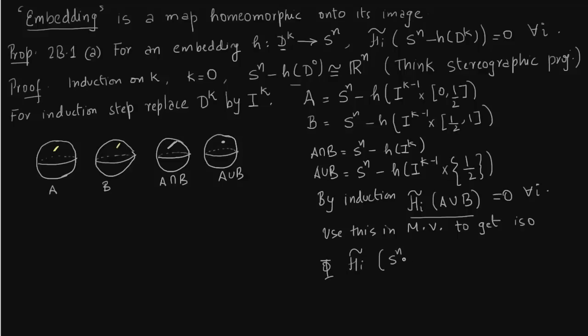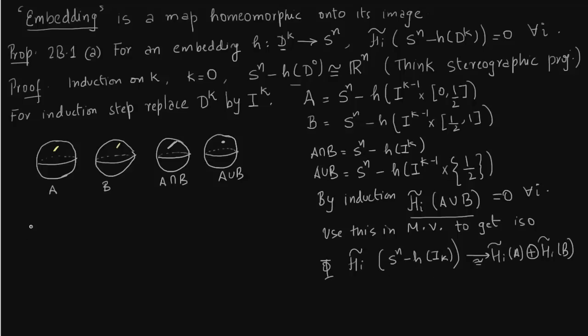The best time is now to stop here and check out the Mayer-Vietoris sequence and see that the isomorphism comes around like this. H̃_i of A intersection B is isomorphic to H̃_i of A plus H̃_i of B, because the sequence on the left side and the right side has H̃_i of A union B and H̃_(i-1) of A union B. Both of those groups are 0.